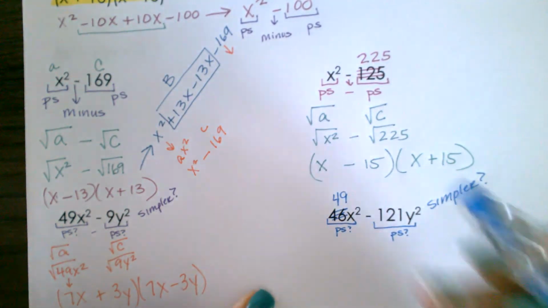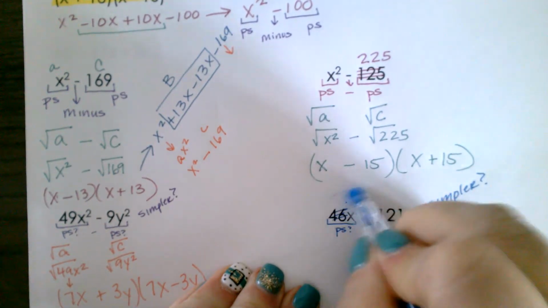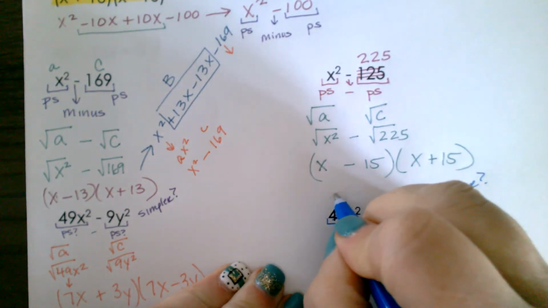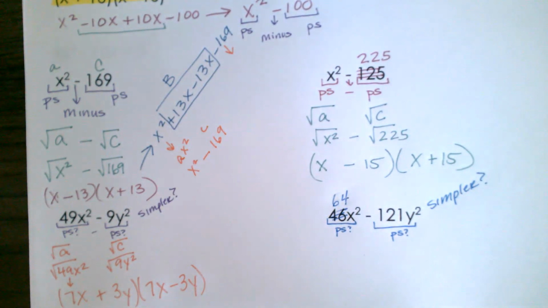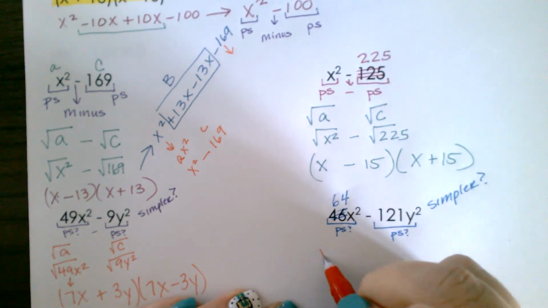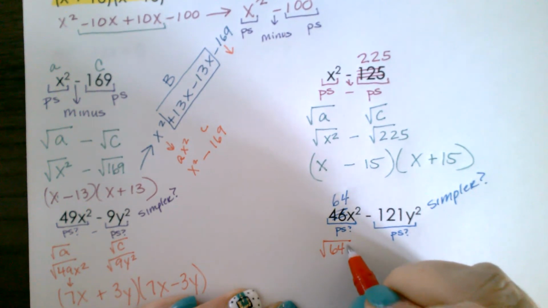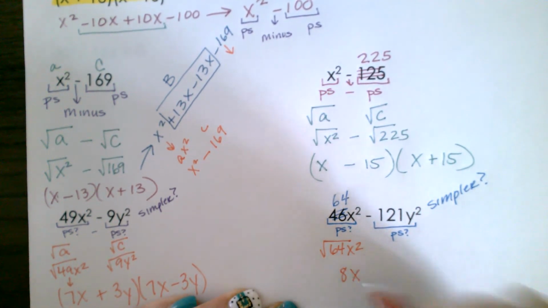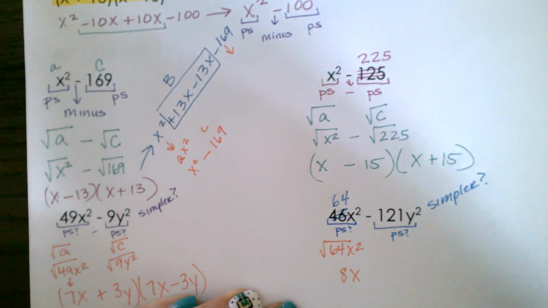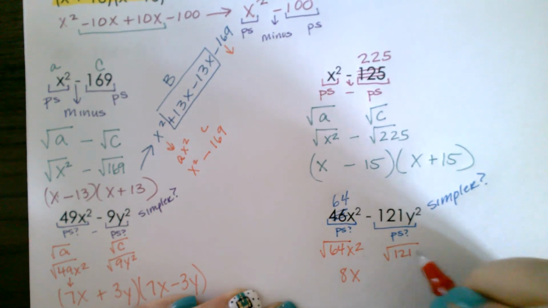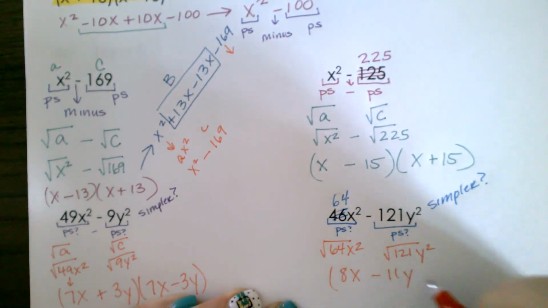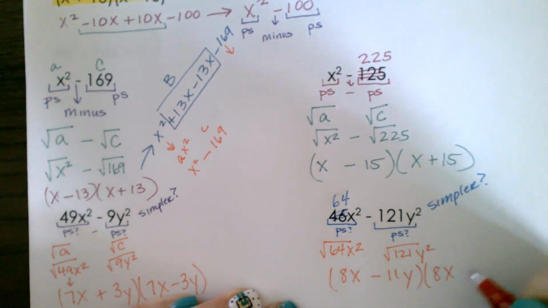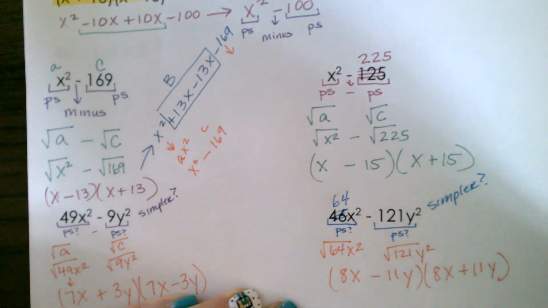And I think because I have to change it anyways, I'm just going to make that a 64 right now, because then we don't have two 49s in a row. My apologies for that. Okay, that is a perfect square, so I'm going to take the square root of 64x squared to get 8x. That is a perfect square, so I'm going to take the square root of 121y squared, and I get 8x minus 11y and 8x plus 11y.